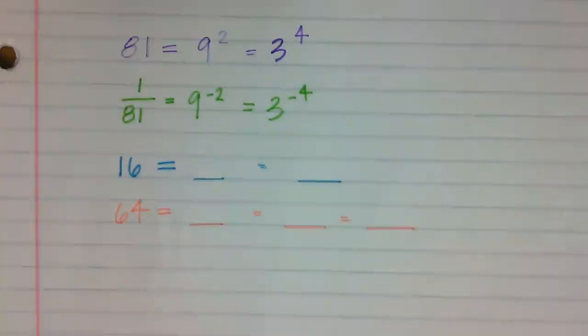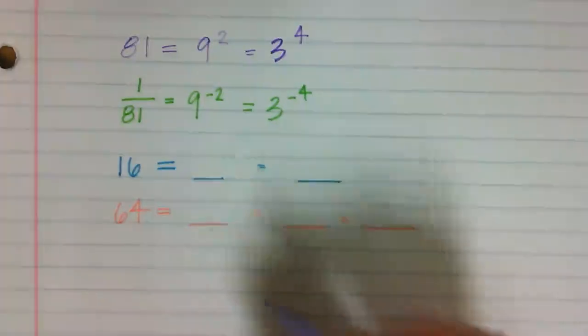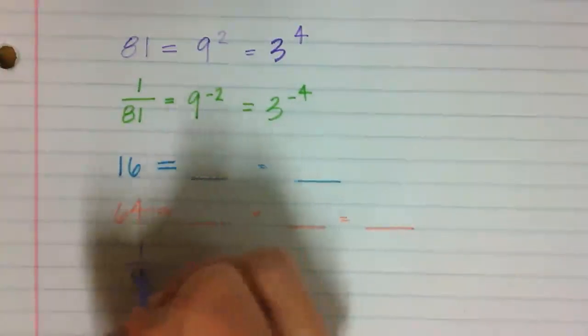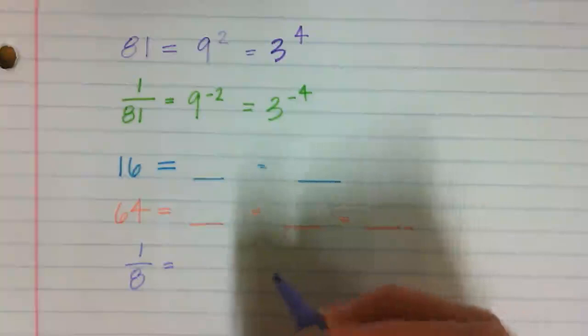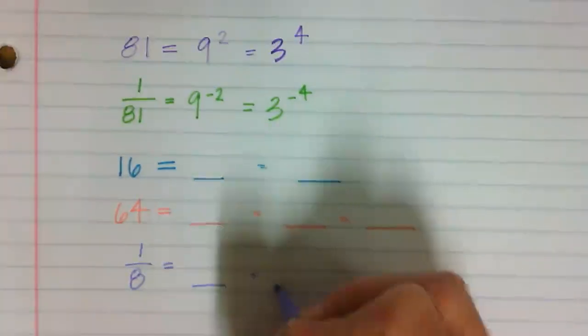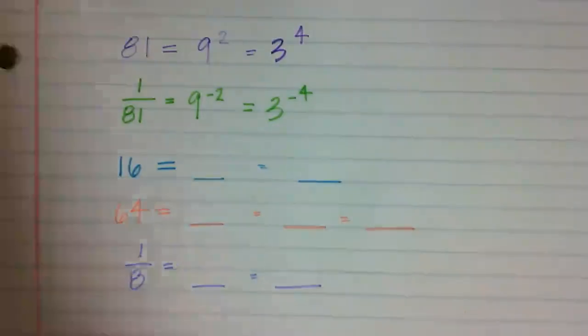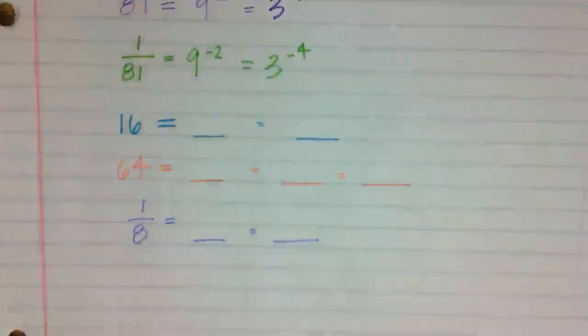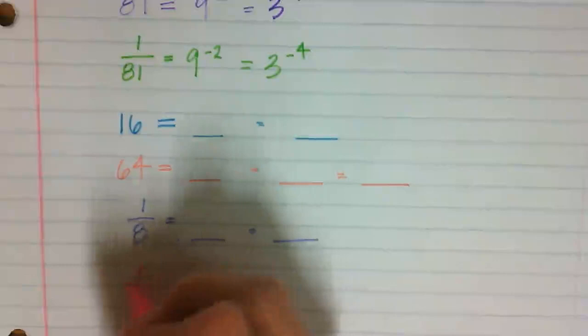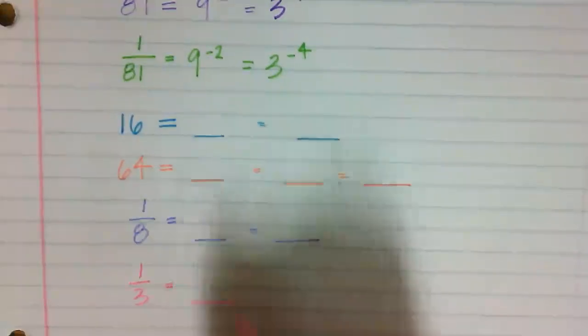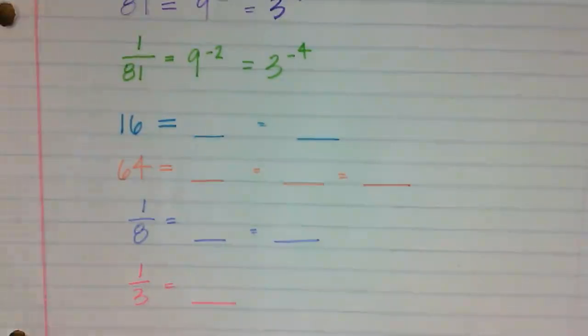I'd like for you to think of how you can get 1 over 8. And we have 2 ways to get that. Let's have you figure out how you can write 1/3. And we got 1 way to do that.